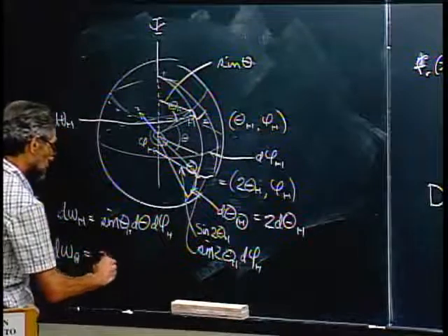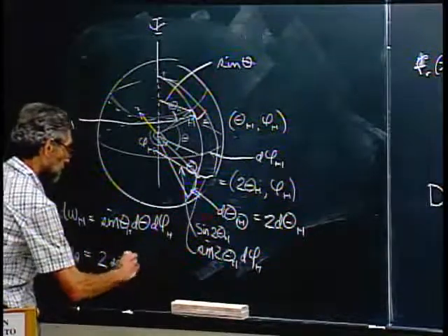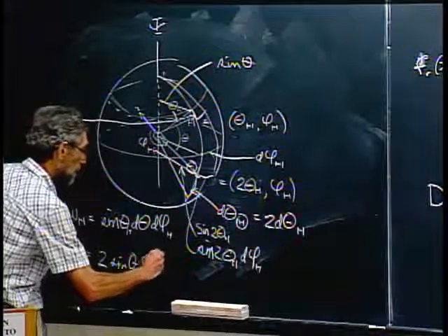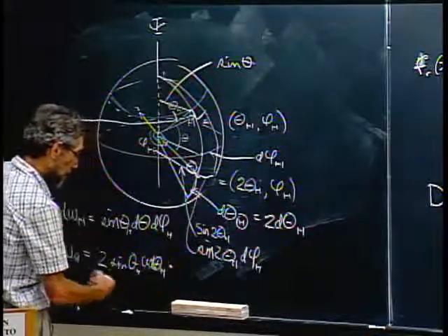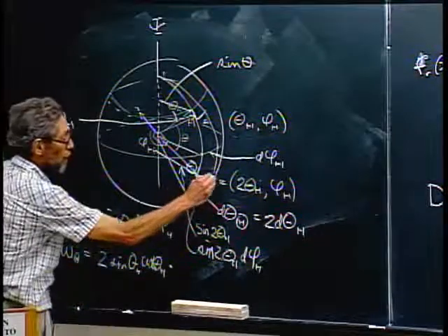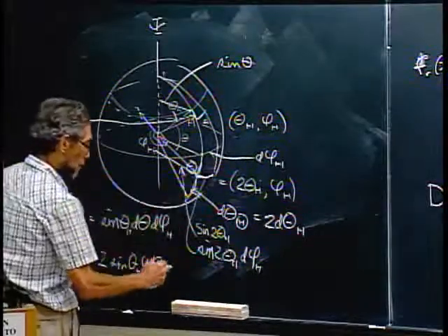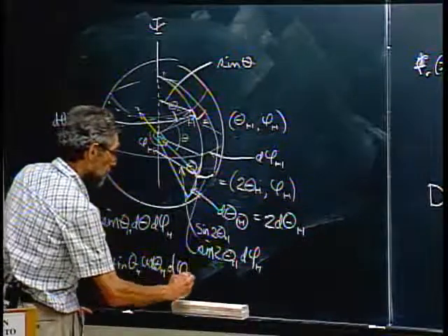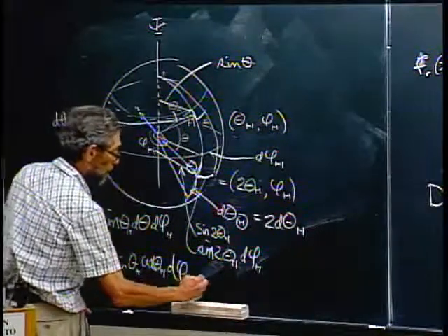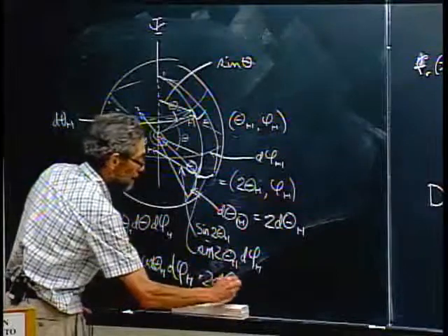So this is twice sine theta h cosine theta h. And then we have to multiply. That's the part going around this way, and the part going around that way, times d phi h, and then multiplied times 2 d theta h.